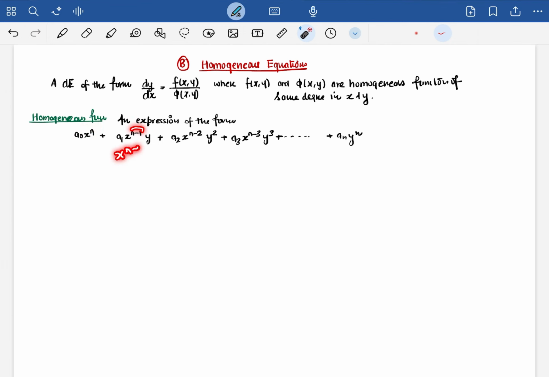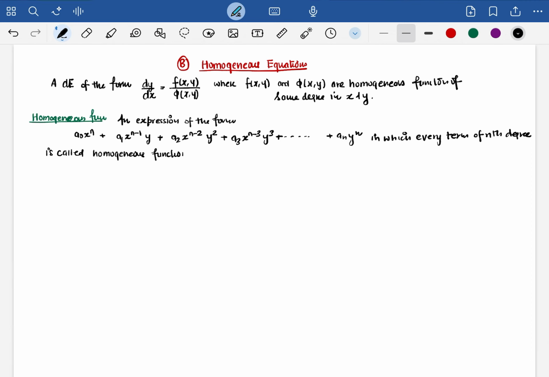Here n-2 plus 2 is again n. Here n-3 plus 3 is again n. The last term is n. So every term is of nth degree, hence it is called a homogeneous function of degree n.